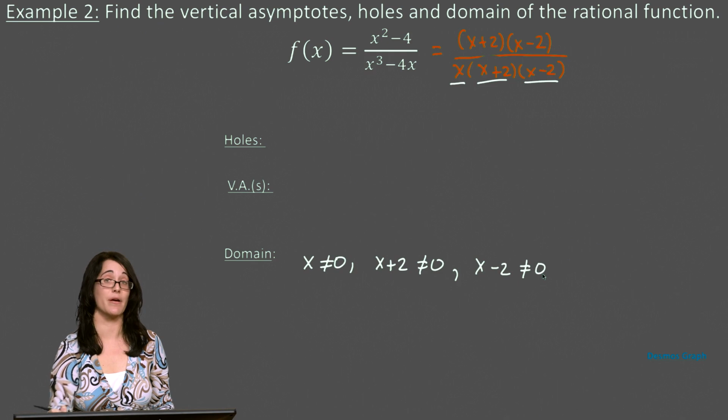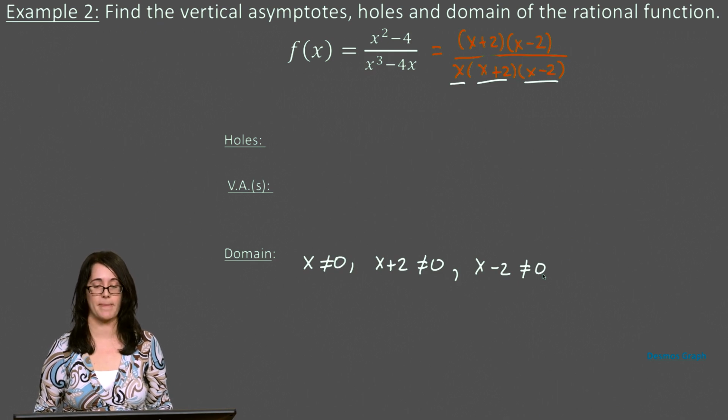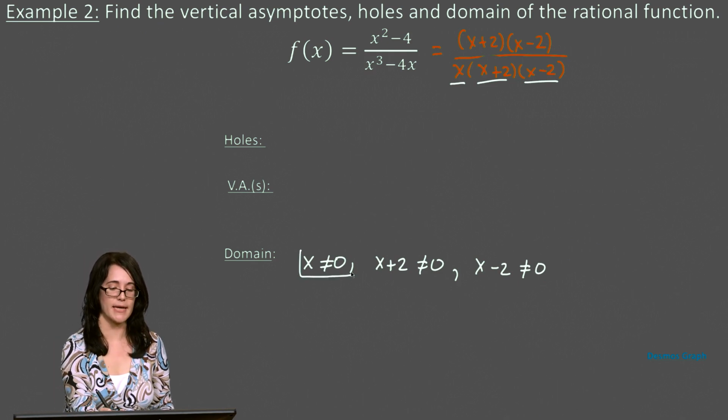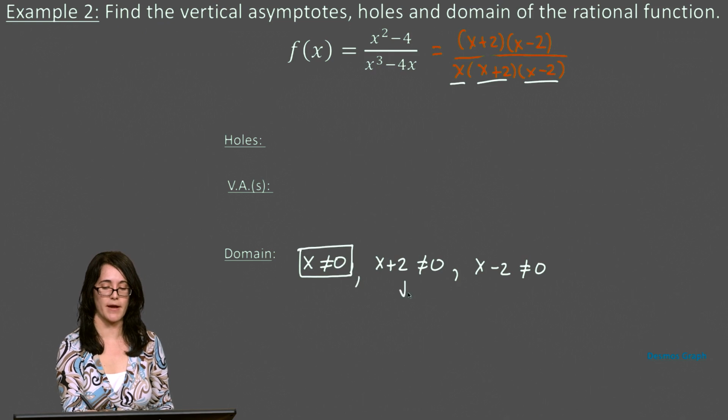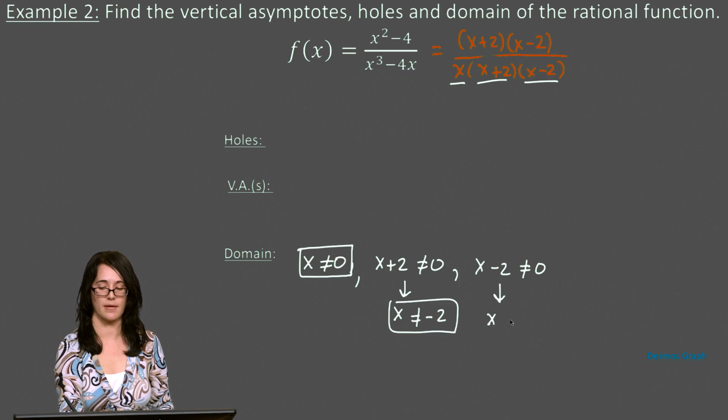Those can't happen, otherwise the denominator would be 0 and we'd have an undefined fraction, wouldn't we? Solving for x in each case, x can't be 0, x can't be negative 2, and x can't be positive 2.